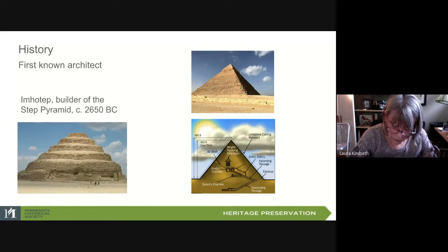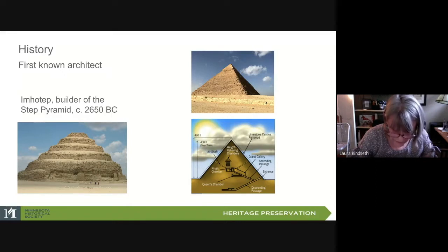Although there are no plans associated with his work, it is recorded that Imhotep holds the title of the world's first architect and builder of the step pyramid around 2650 BC, the first one built of stone.